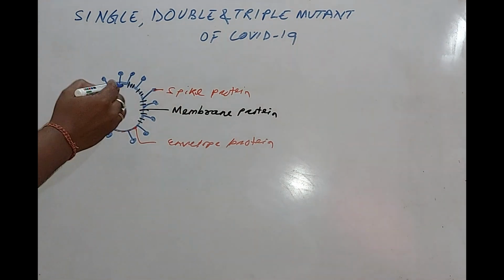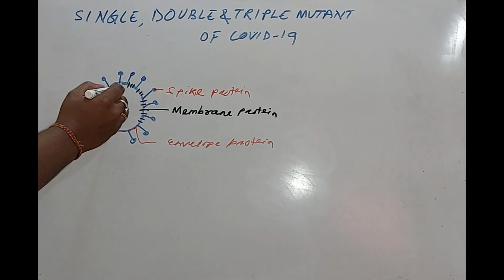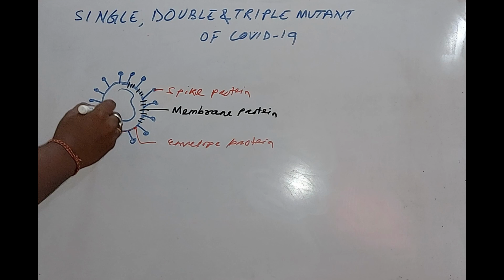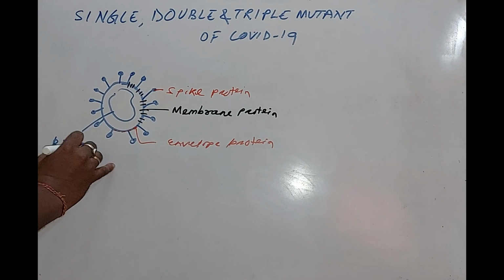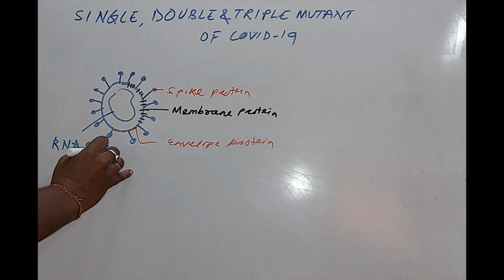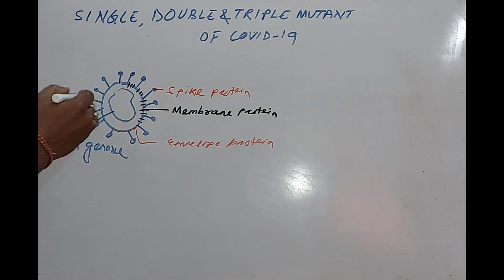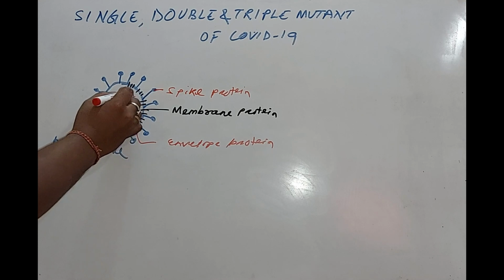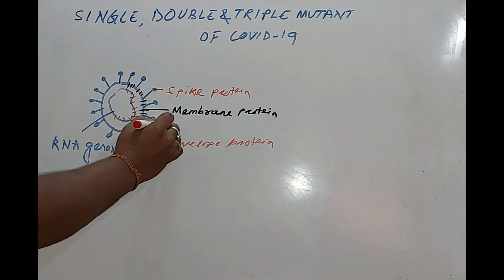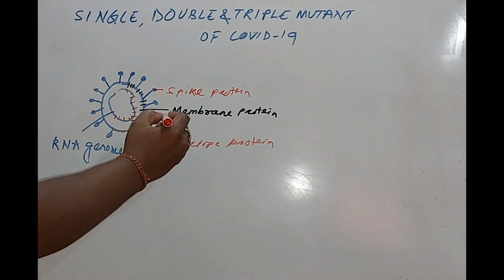And similarly, the virus contains one genome, which is single stranded RNA, and this is known as the genome. This RNA is associated with another protein, and these proteins are called the nucleocapsid proteins.